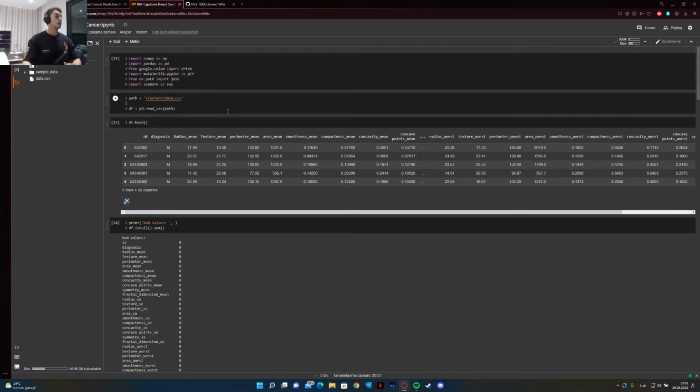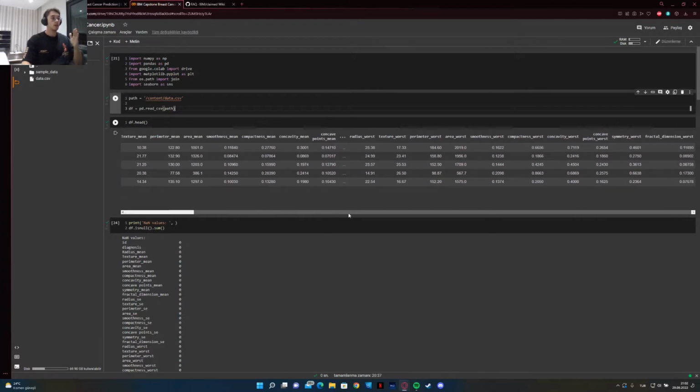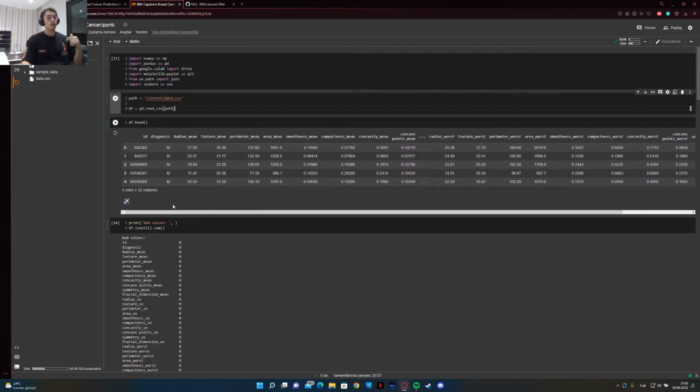Let's start with reading the data. You can see in this code block, I'm reading the data. In DF, you can see all the features written here. We had 32 features, including ID and the label, which is diagnosis.